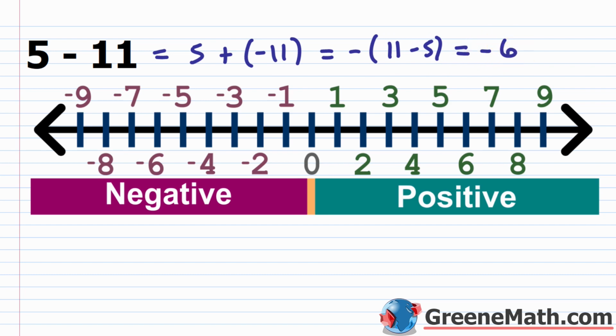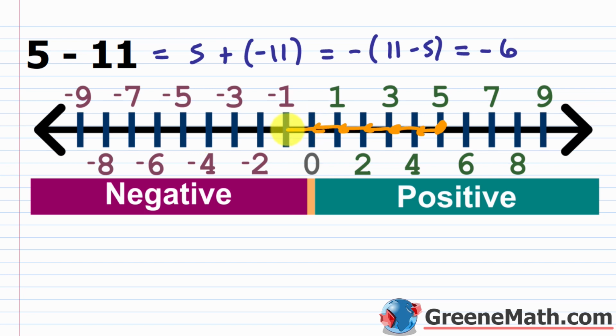Again, using the number line to see this visually, if you need that, here's 5. So I start out with $5 in my account, and I'm going to spend 11. So first, let's say we spend 5. So 1, 2, 3, 4, 5 units to the left. At that point, I'm at 0. So there's no more money in my account. Well, basically, I'm going to go another 6 units to the left because I'm spending $6 more, or I'm adding another negative 6, however you want to think about that.